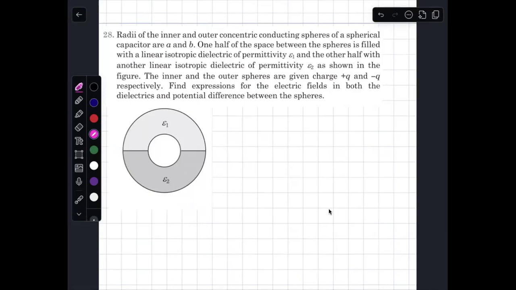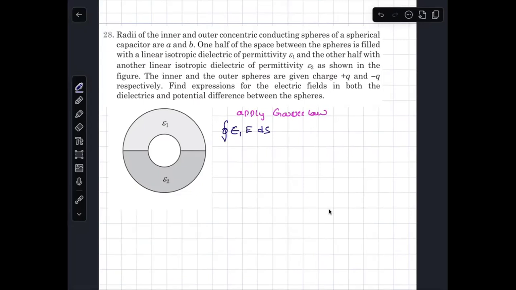Now, I'll apply Gauss law again. By applying Gauss law properly, you will have epsilon 1 E ds plus epsilon 2 E ds is Q free, which is nothing but Q. Q free, Q bound.